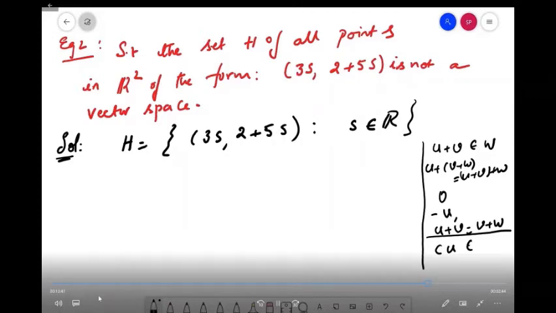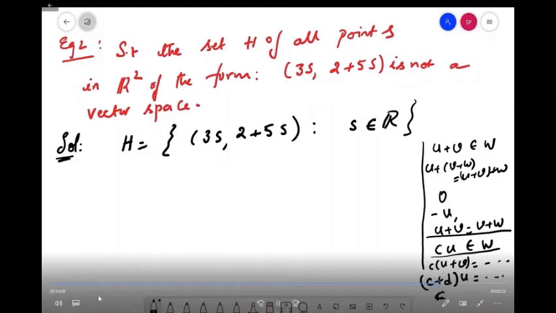Next, scalar multiplication: Cu belongs to W. These two operations, addition and multiplication, should satisfy distributive properties like C into (u plus v) is equal to Cu plus Cv, and (C plus D) into u is equal to these ones.